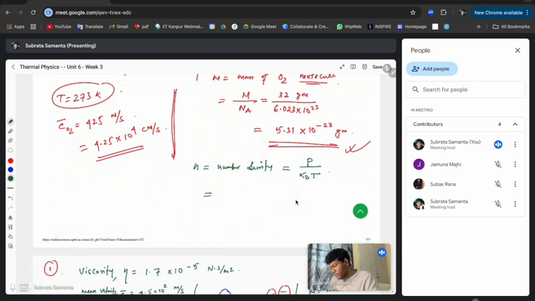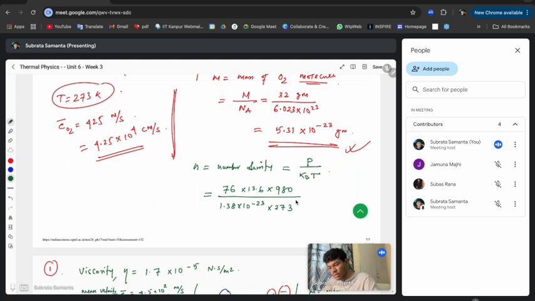The standard pressure is 76 times 13.6 times 980, divided by kBT, with kB 1.38 times 10 to the power minus 23 times 273, but that is in SI units, right?